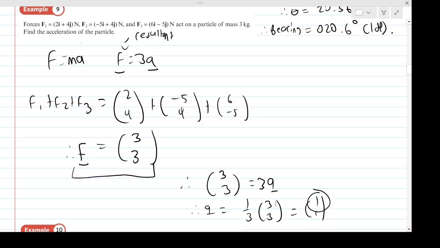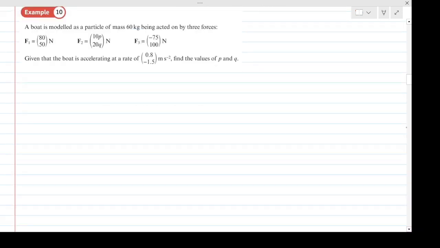So this is telling me the speed is increasing by 1 meter per second every second, upwards and to the right, in that context. So that's all it means as a vector, okay? So it's still pretty much the same idea of if it's speeding up or slowing down, but in particular directions, okay?